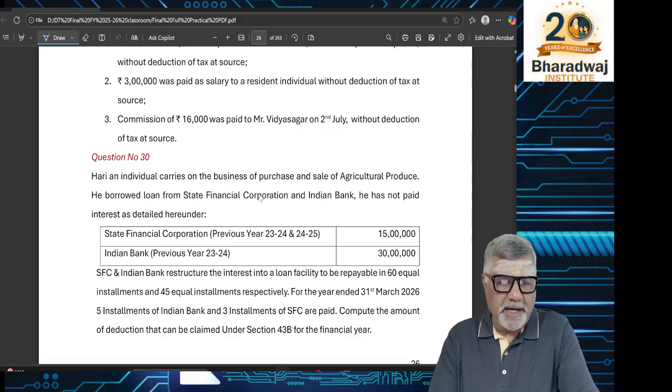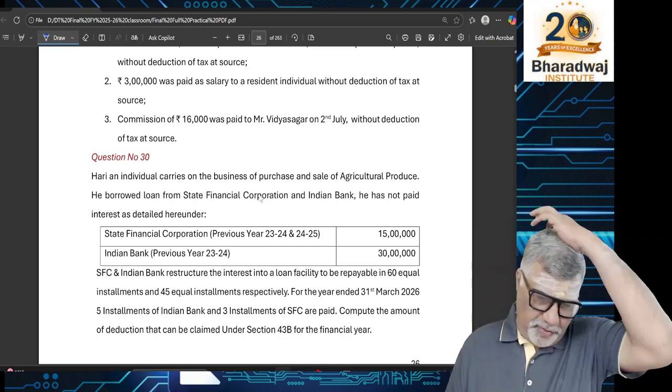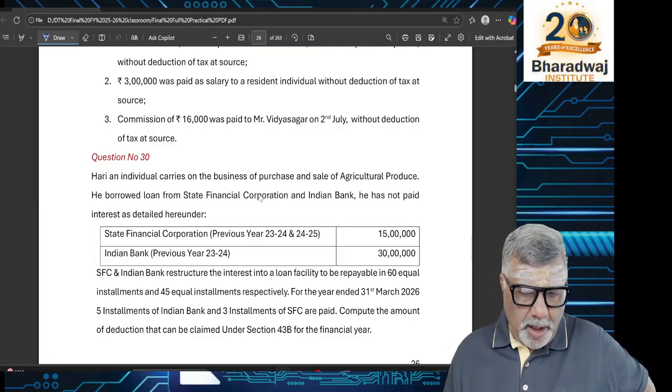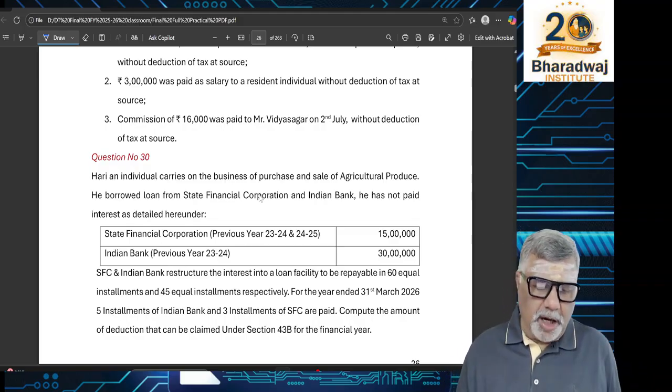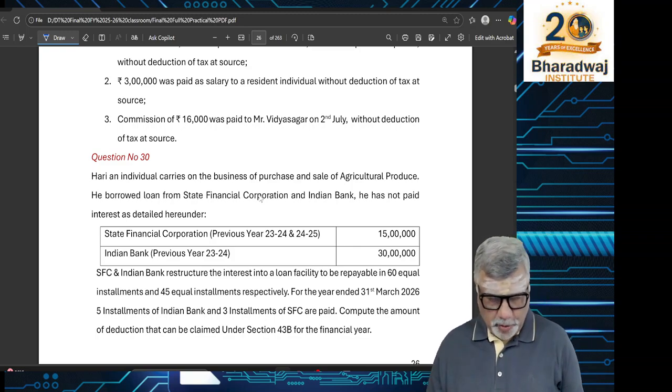He has not paid interest as detailed under. Both the entities restructure the interest into a loan facility to be repayable in 60 and 45 installments respectively. For the current year ended, 5 installments of Indian Bank and 3 installments of SFC are paid. Compute the deduction that can be claimed under 43B. Read through.